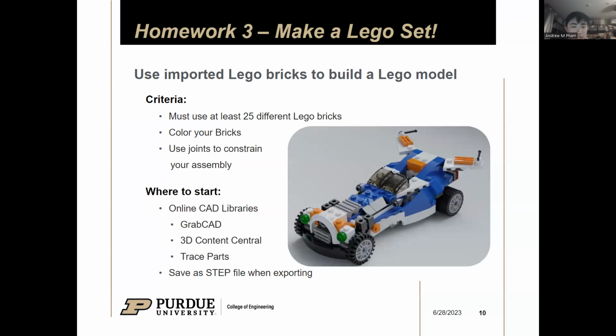So there's websites like GrabCAD or 3D Content Central or Trace Parts, and they all have something for you, and it kind of is a resource for you for this class. But I just mainly want to show you that it's there for other things too.